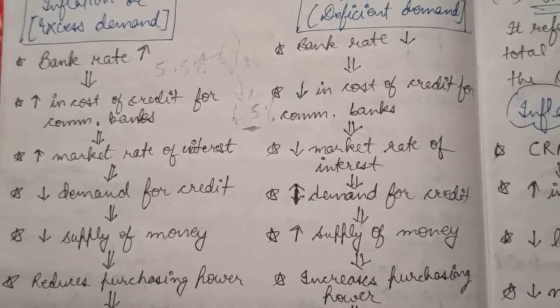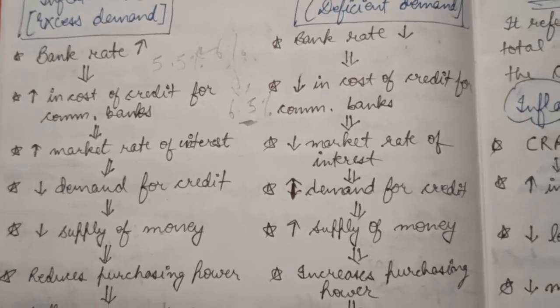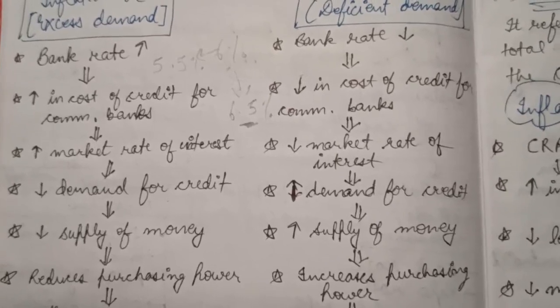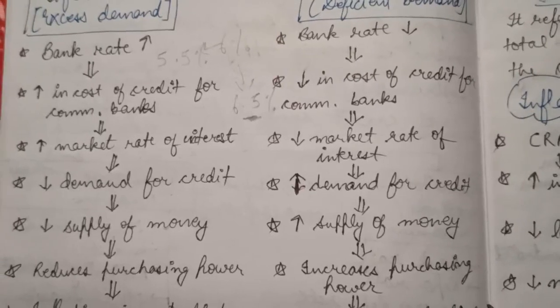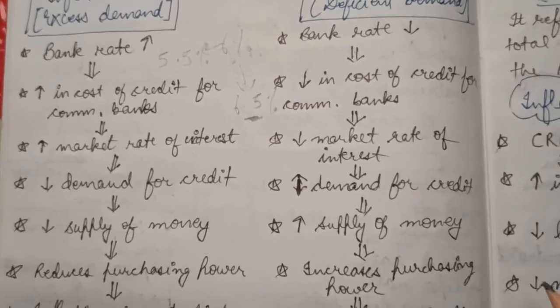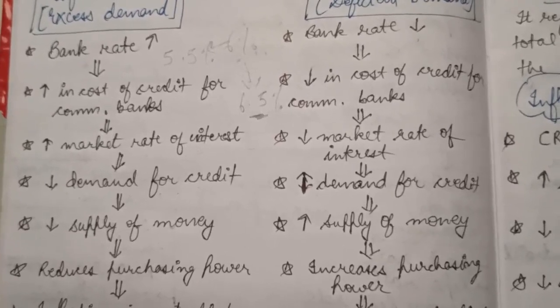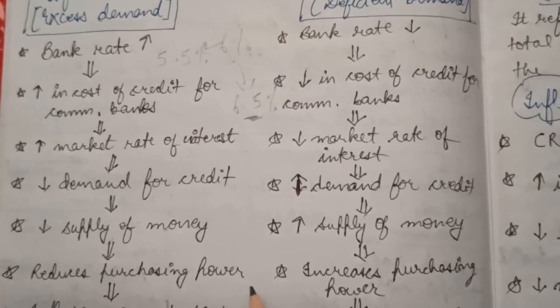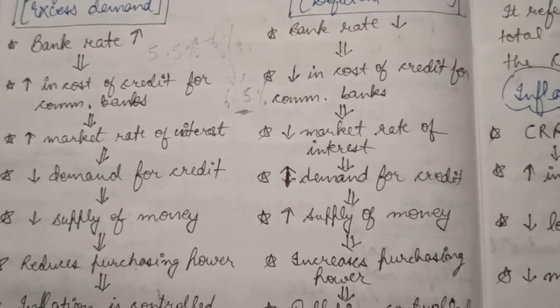So this is how it actually works in the economy, and this comes under the monetary policy of the RBI. You must have heard in the news channels also that they are saying normally, like in the finance news, that the repo rate has been increased or decreased, or the bank rate has been increased or decreased. This is the main motive of increasing or decreasing the bank rate or any other kind of instrument.